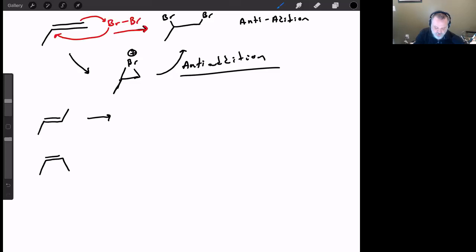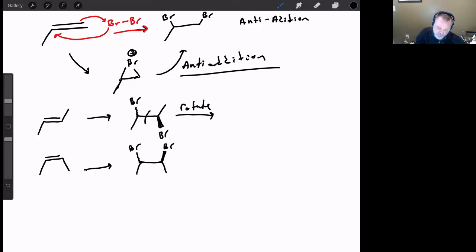So if you think about how this works out, it's still going to be anti-addition. But for the sake of explaining here, if we rotate around this single bond to put it in the same perspective, we actually end up with a compound that looks like this.